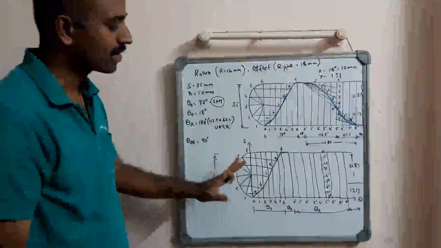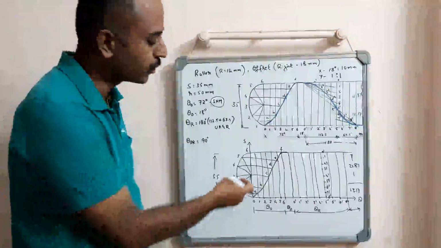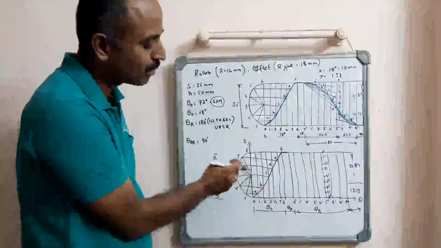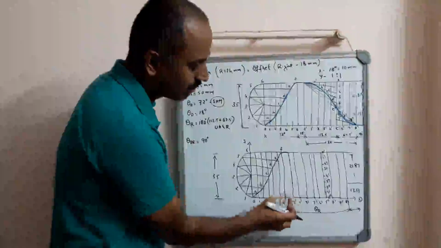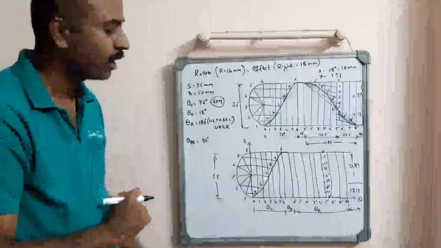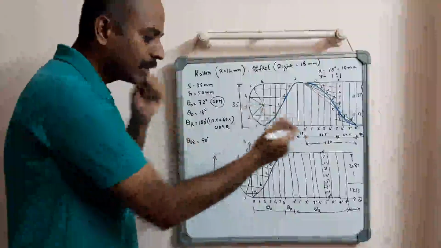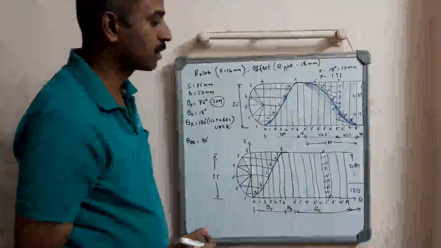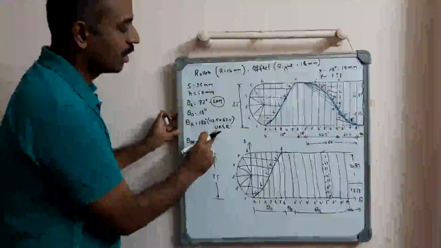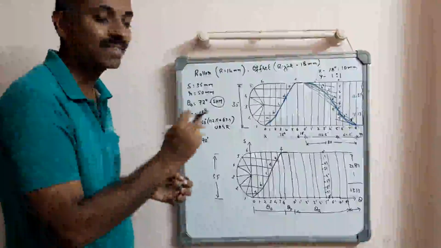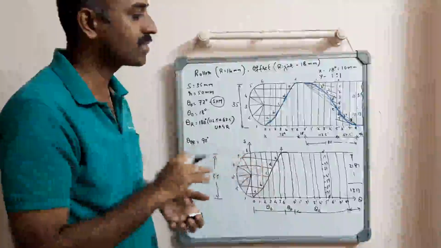For simple harmonic motion, we need to draw a semicircle and divide that semicircle into the same number of parts as you have divided the outstroke region along the horizontal axis. Then coming to the return stroke region, which is of uniform acceleration and retardation, and acceleration is 3/5 times retardation.